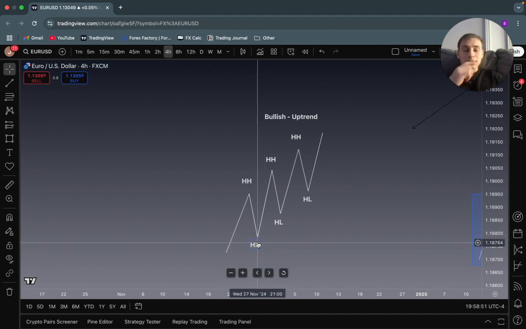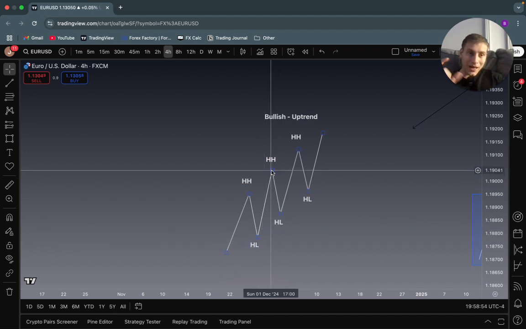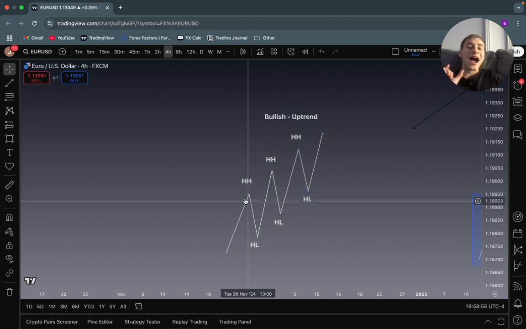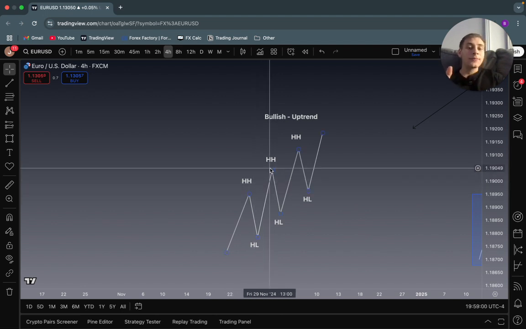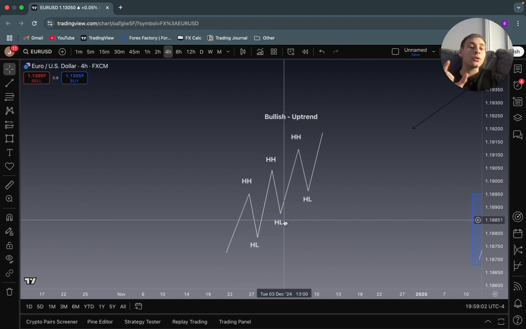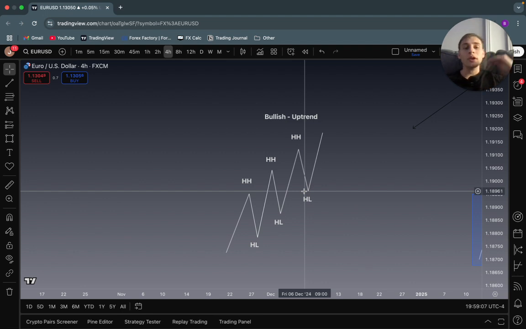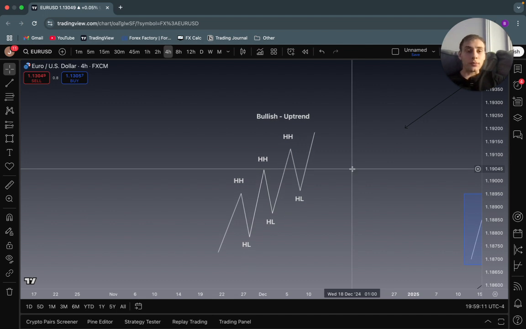And then once it's pulled back, it will go back to the upside and create a higher high, because it's higher than the previous high. Then it will pull back and create a higher low, because it's higher than the previous low, and so forth and so on. And that's how the market moves to the top side, and just really market moving in general.